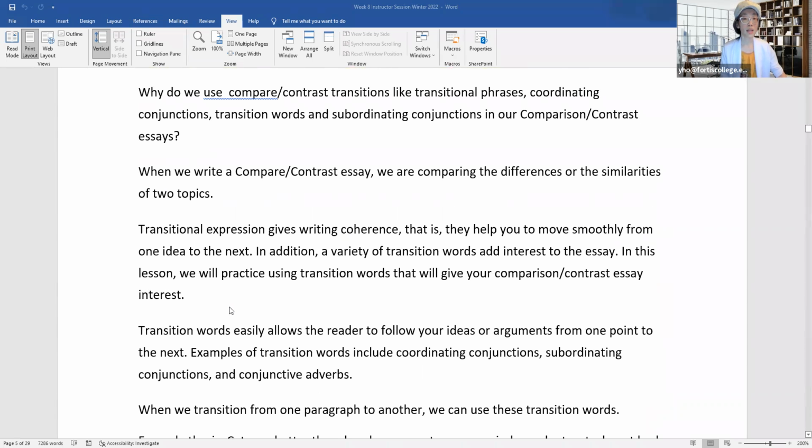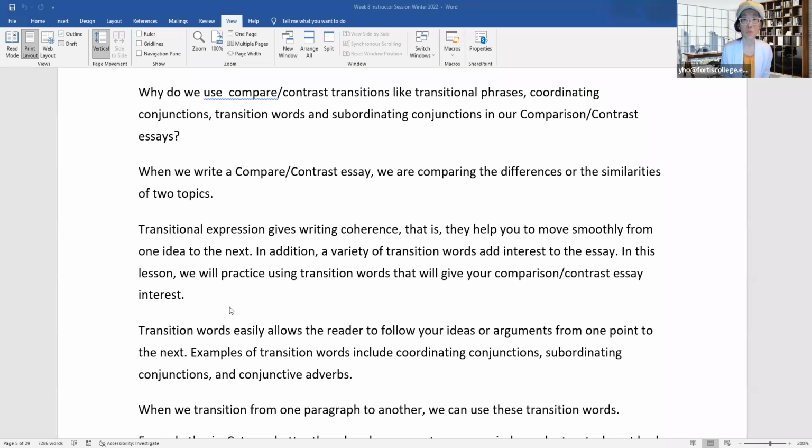So when we write a comparison contrast essay, we are comparing the differences or the similarities of two topics. Transitional expressions give writing coherence. That is, they help you to move smoothly from one idea to the next. In addition, a variety of transition words adds interest to the essay.